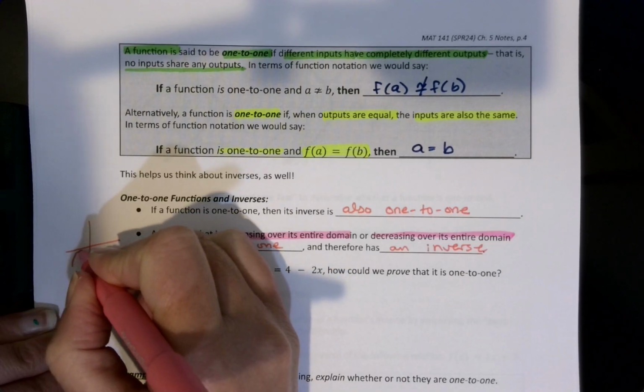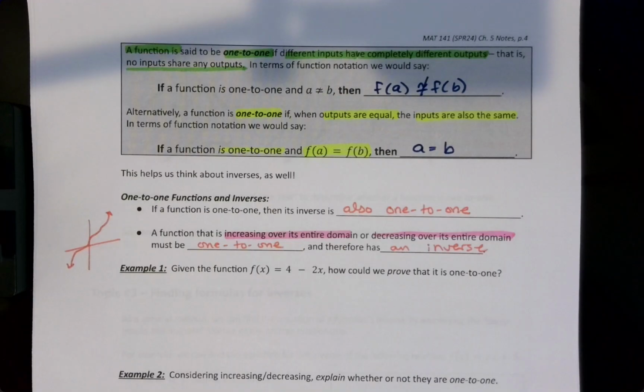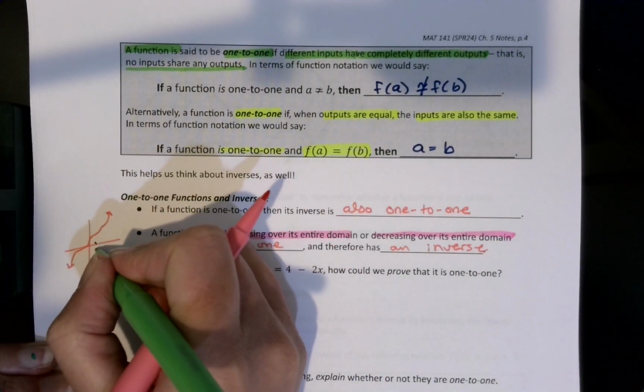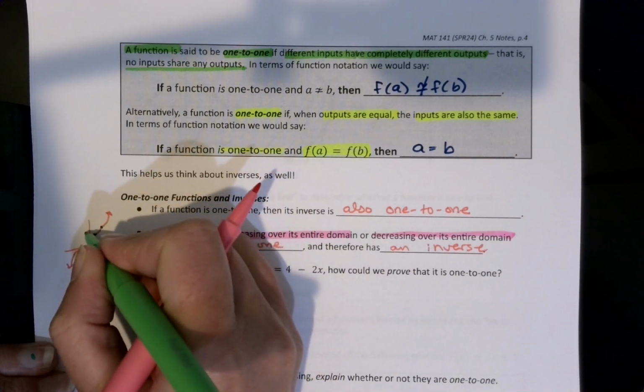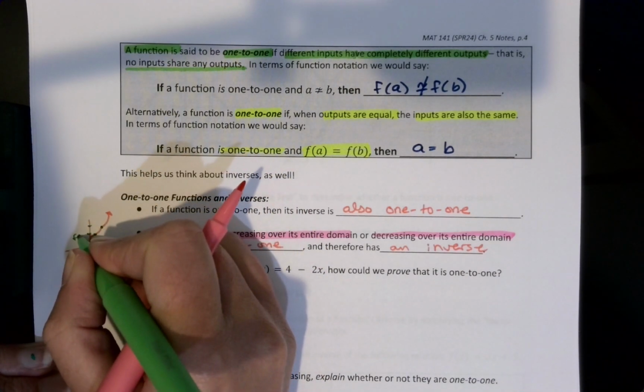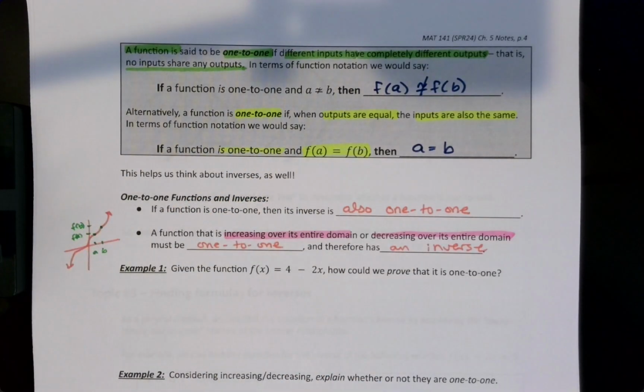So if I have a function that's always increasing, or I could imagine one that's always decreasing, this one's increasing. If it's always increasing, then for any different input, I'm guaranteed that the outputs are different. And so I never have a repeated output. I never have a repeated input. Therefore, both my function and its inverse will be one-to-one, and the inverse will be a function.